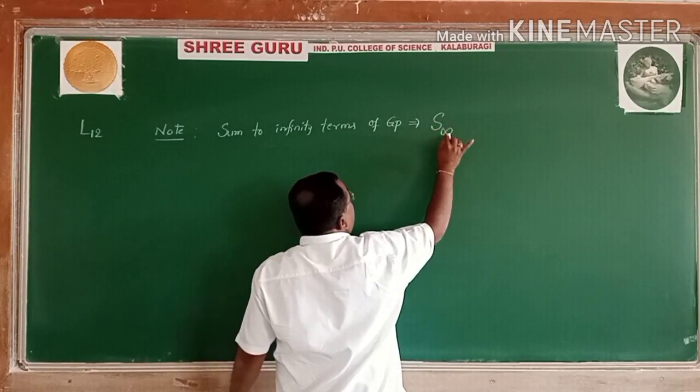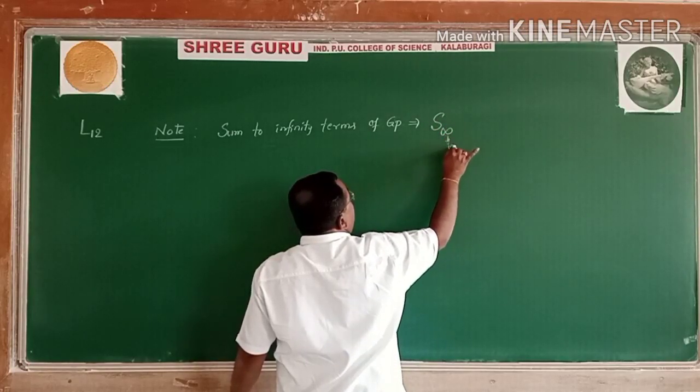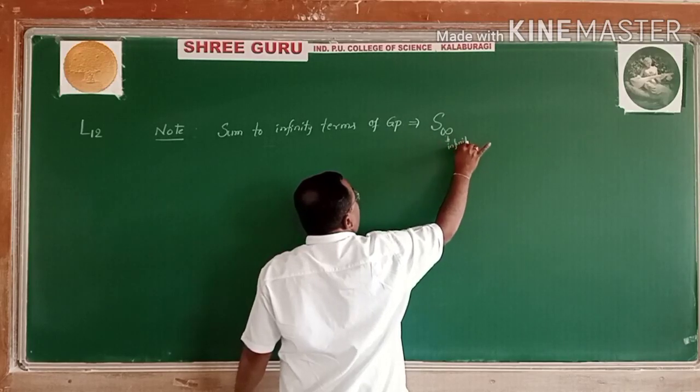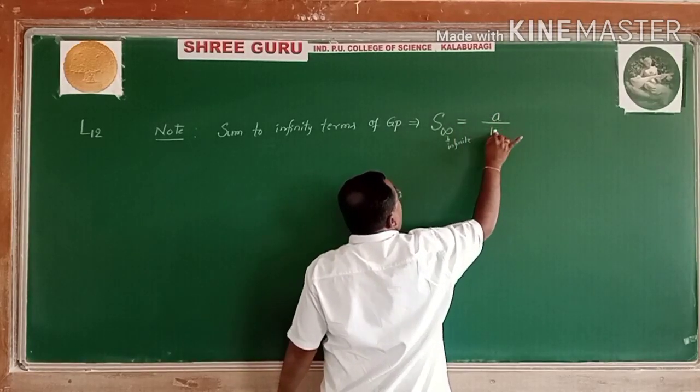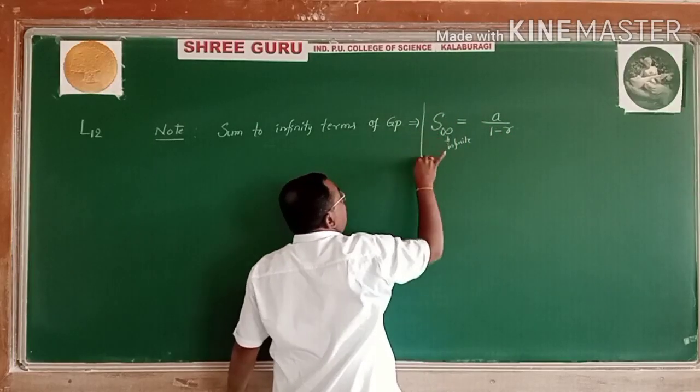This symbol is infinity. S infinity is equal to a divided by 1 minus r. This is the formula.